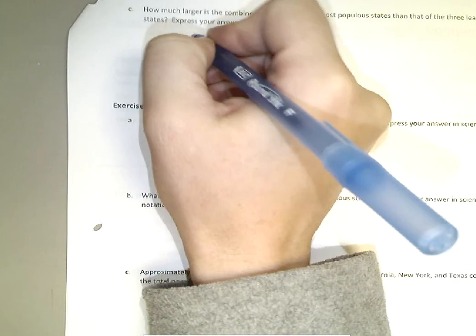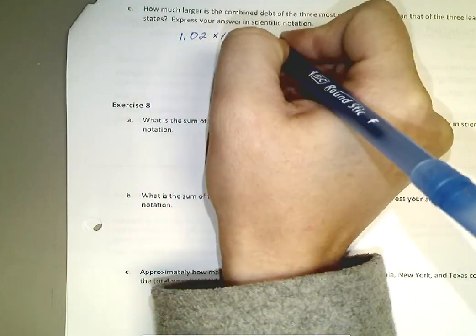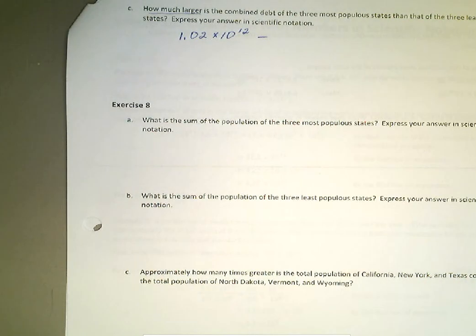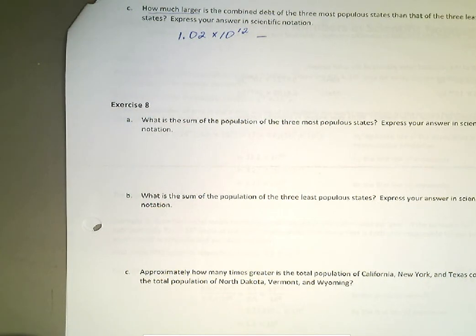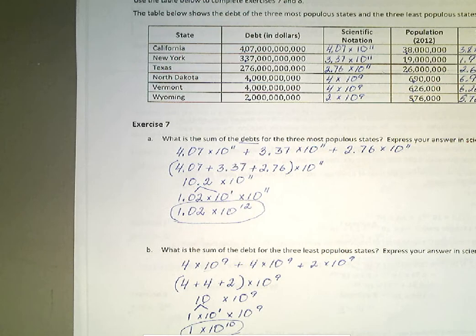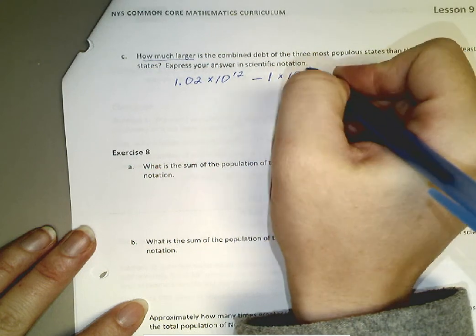And I'm subtracting, since we want to find out how much larger, not how many times, but how much larger. So we are going to subtract to find the difference, and we are subtracting 1 times 10 to the 10th.